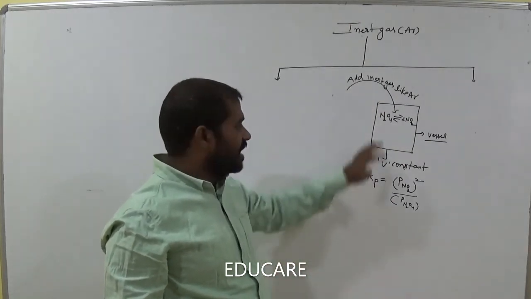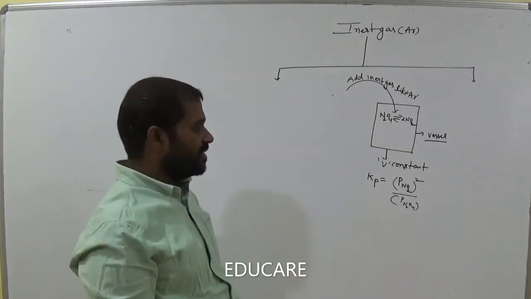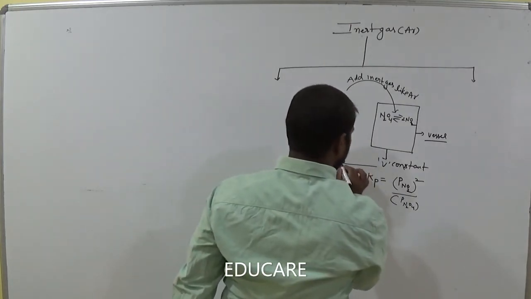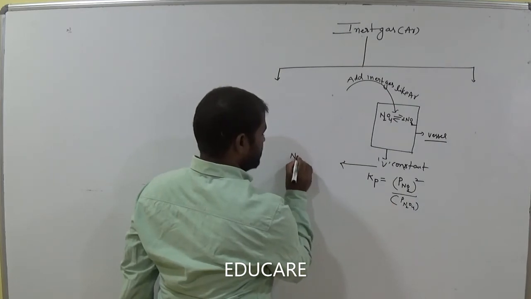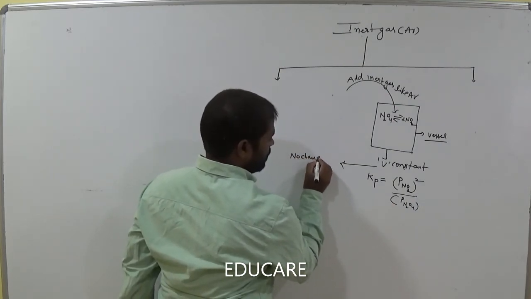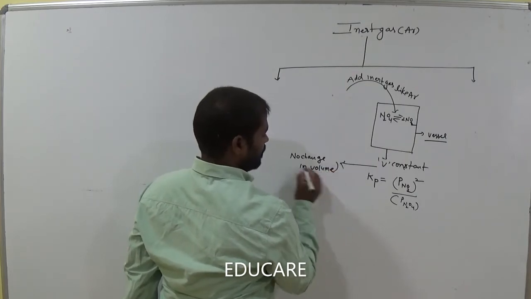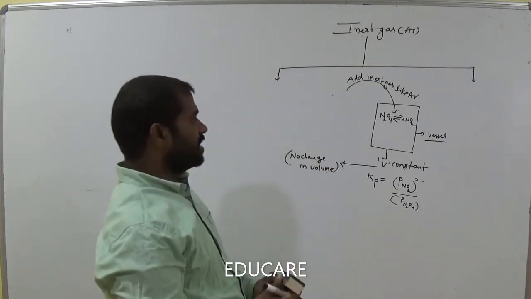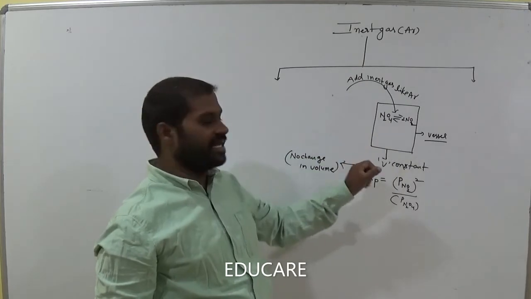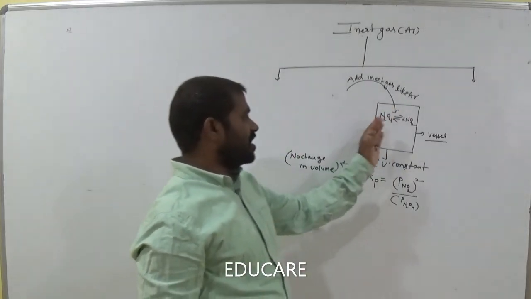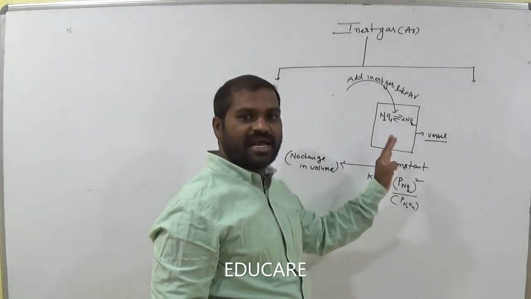Volume is constant, so there is no change in volume. Here we add inert gases to the mixture. Is there any change in the position of the equilibrium?